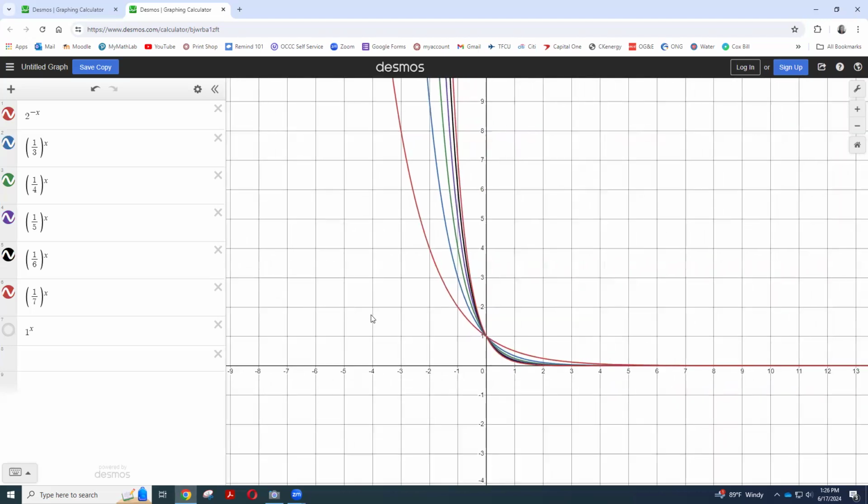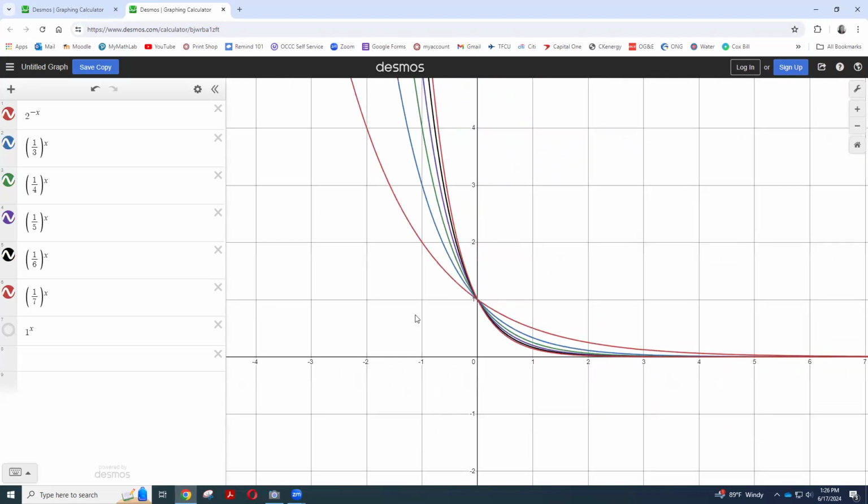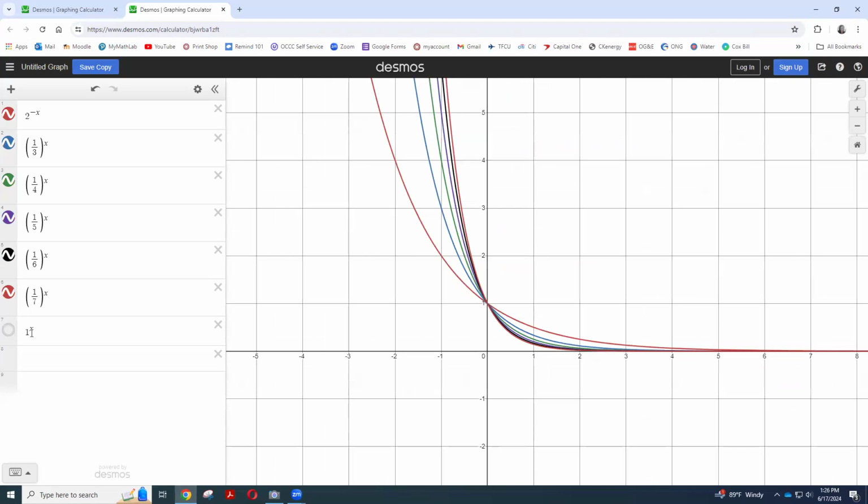They have the same two things in common here. They have a y-intercept at 0, 1, and they have that same horizontal asymptote. And again, this cannot equal 1. And what I mean by this, the base cannot equal 1 because 1 to any power is 1. Now you can flatten this out here by getting closer and closer to 1.